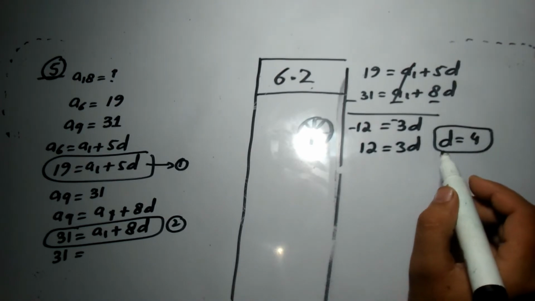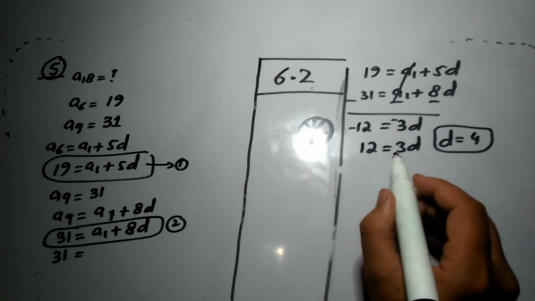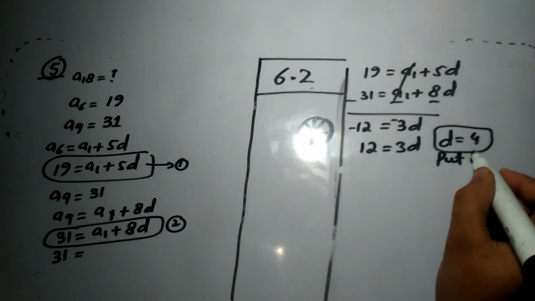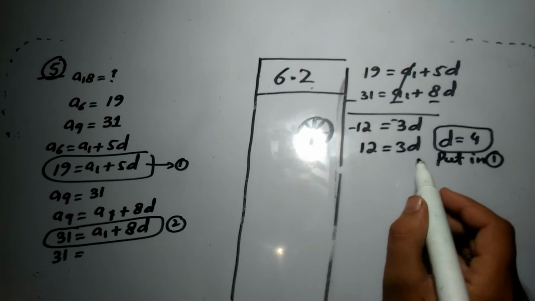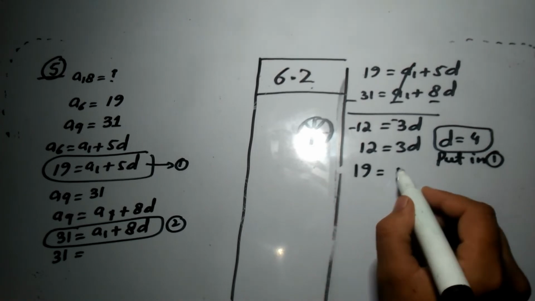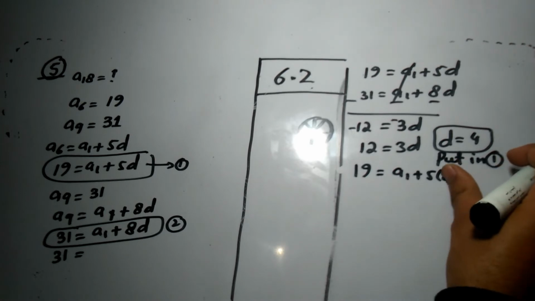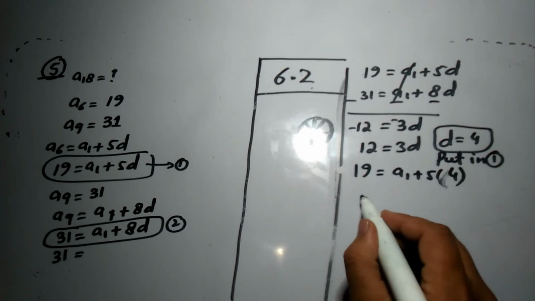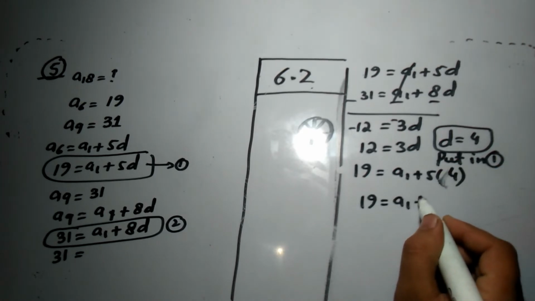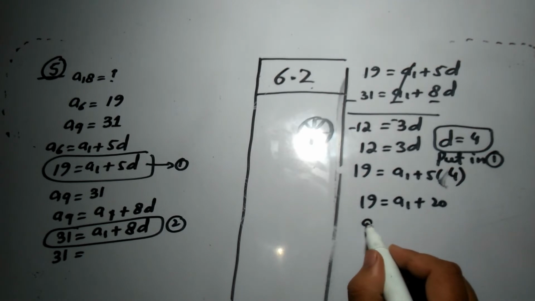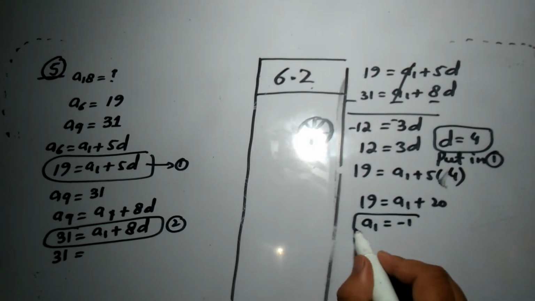After putting the value of d into equation number 1, 19 is equal to a1 plus 5 times 4, so 19 is equal to a1 plus 20, so a1 will be equal to minus 1.